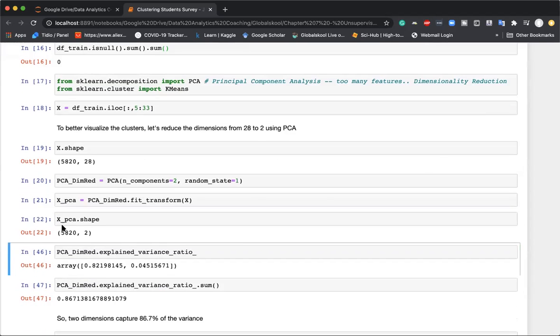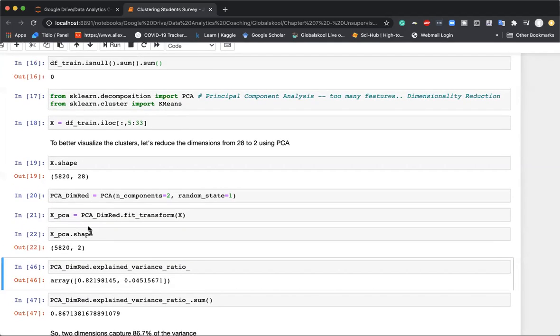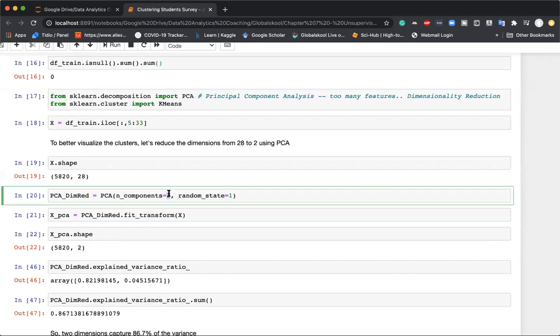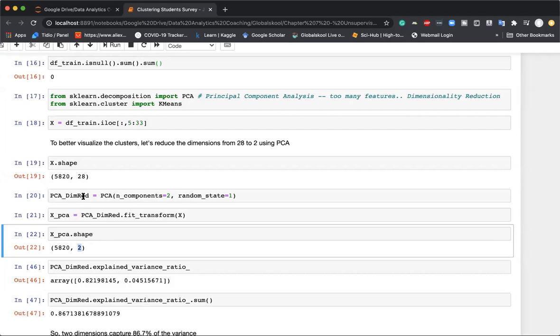And if you look at the shape of X_PCA now, we can see that X_PCA does not have 28 columns. It has just 2 columns. Why 2 columns? Because that is the number that we chose here. We want to see with these 2 columns, what is the variance that we have captured from the 28 columns.